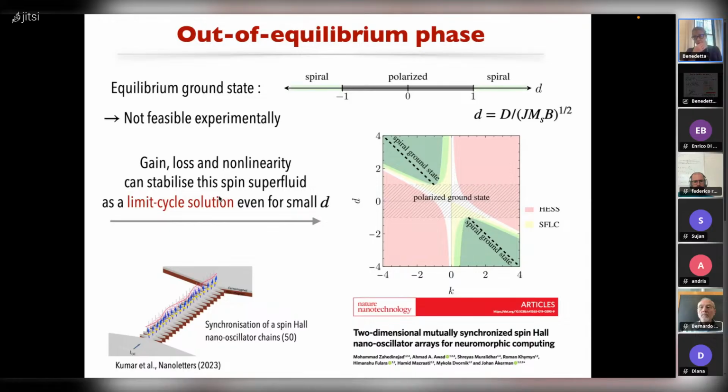Now, how often can you stabilize limit cycle solutions in magnetic heterostructures in a lab? The answer is that you can do it fairly simply. I'm showing, for example, an actual experiment in which they build arrays of 20, actually 50, spin-torque nano oscillators, and they can do it with such precision that they can synchronize them.